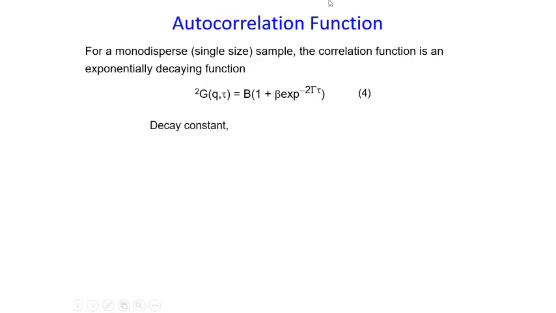Where gamma is known as the decay constant or the decay rate, and it is related to D, the translational diffusion coefficient, and another parameter q, in this manner through equation 5. q is known as the scattering wave vector, which is given as follows.